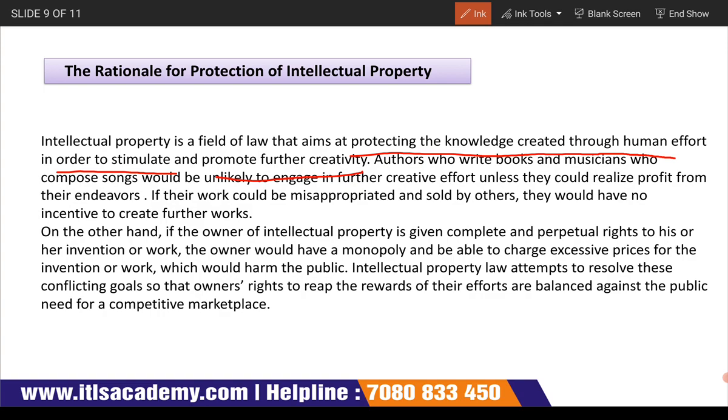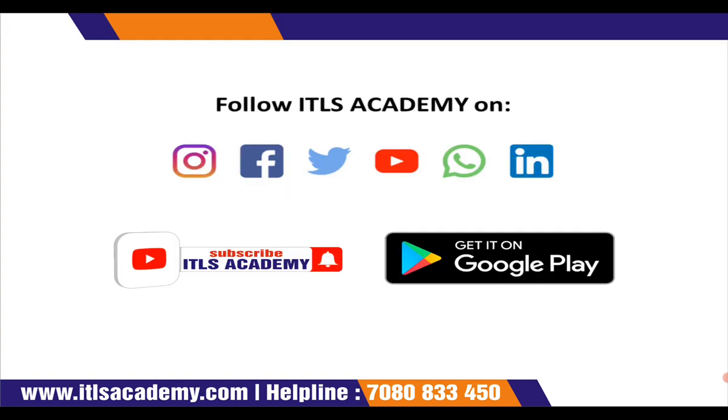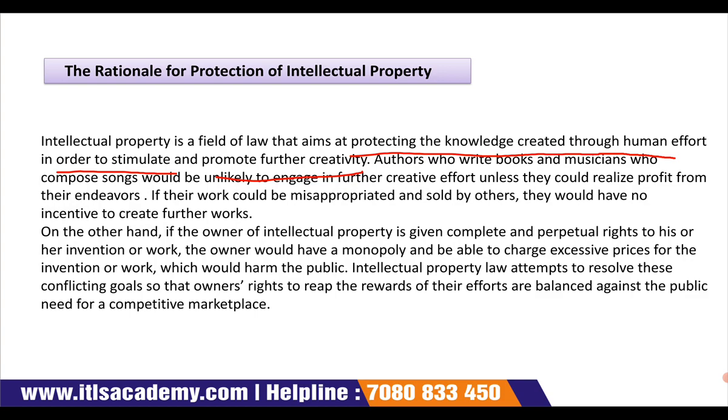In other words, you are not paying the inventor, and if you give them the complete right, they are misusing that right. So to balance that, the rationale for protection of IP is that intellectual property law attempts to resolve these conflicting goals, so that the owner's right to reap the rewards of their efforts is balanced against the public need for a competitive marketplace. So this is the rationale for the protection of IP.